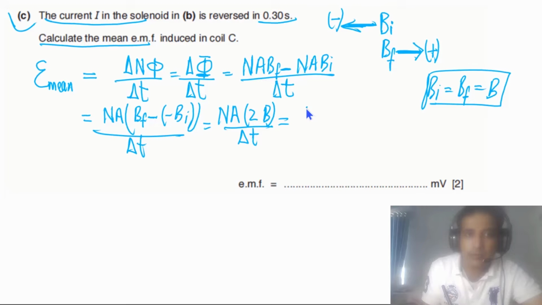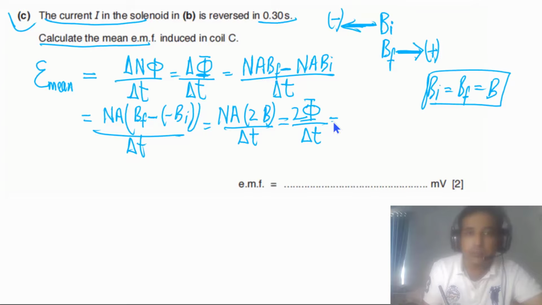So in this case we can say this is magnetic flux linkage divided by delta T, and here we have 2 now. So this is 2 times the change in magnetic flux linkage in this given time.